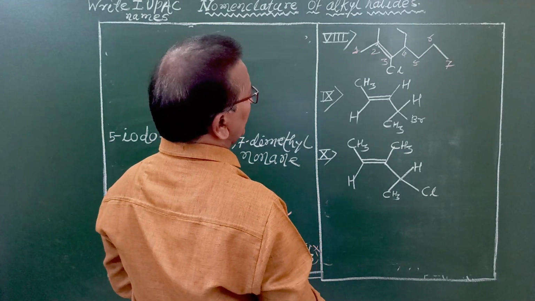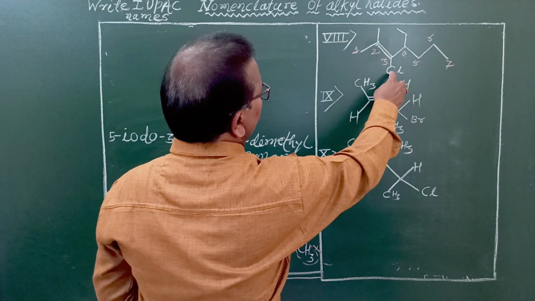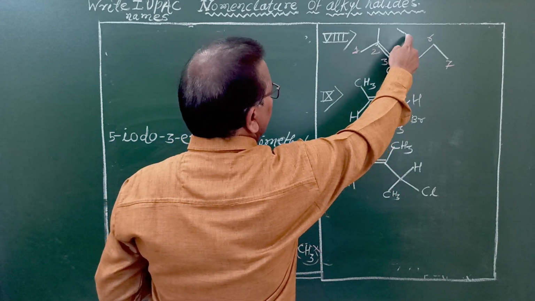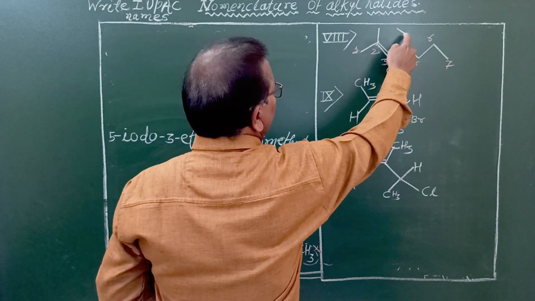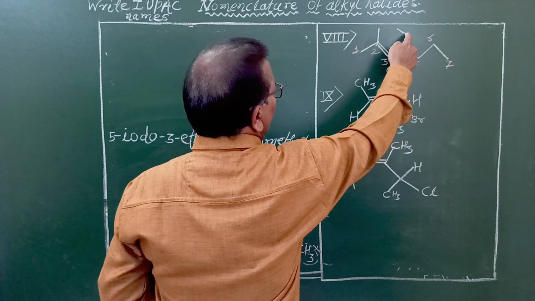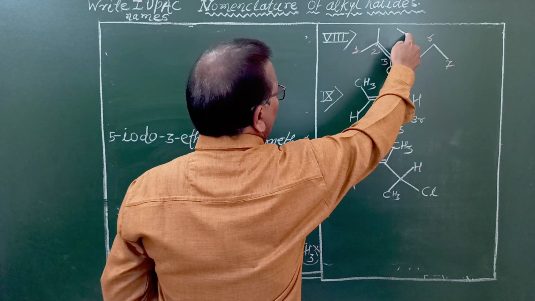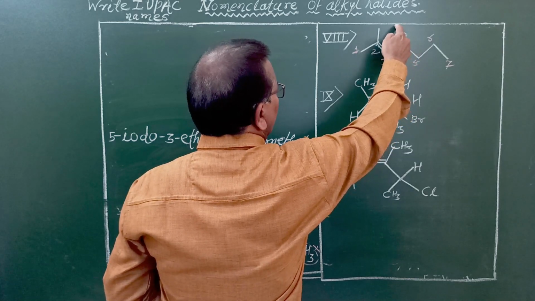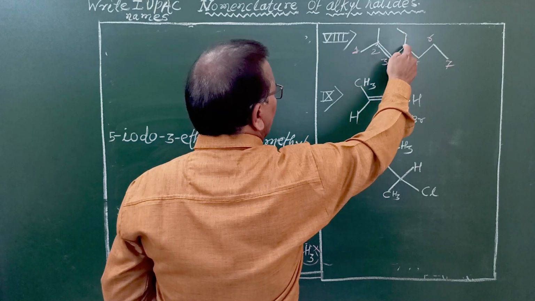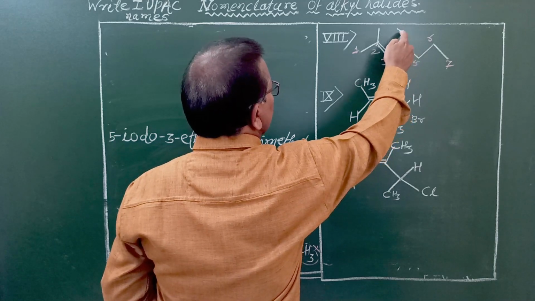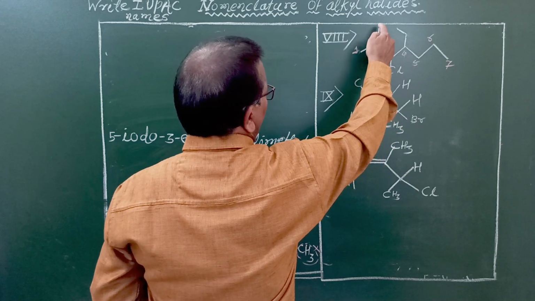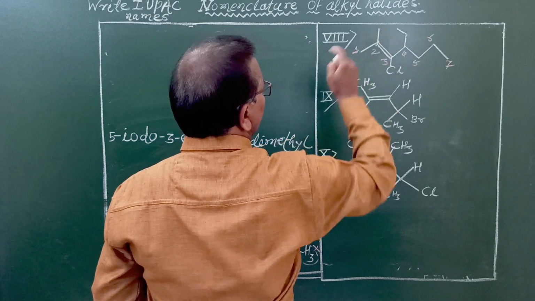At carbon number 3 there is a chlorine atom, and at carbon number 4 this is nothing but CH2CH3. Here at this corner there is CH2, and at this terminal end there is CH3. Therefore at carbon number 4 an ethyl group is in branch. At carbon number 2 a methyl group is in branch.